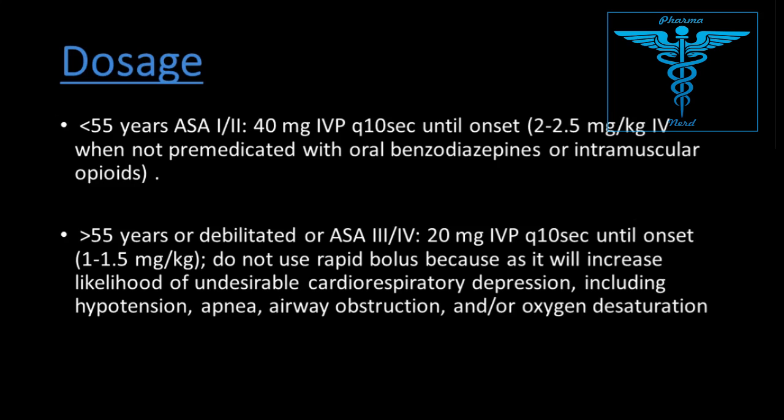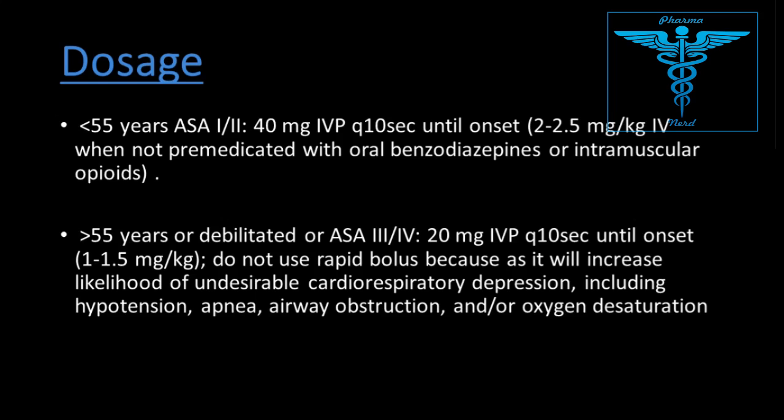Dosage: a person more than 55 years should receive 40 mg IV every 10 seconds until the onset of unconsciousness, when not premedicated with any oral benzodiazepine or intramuscular opioids.